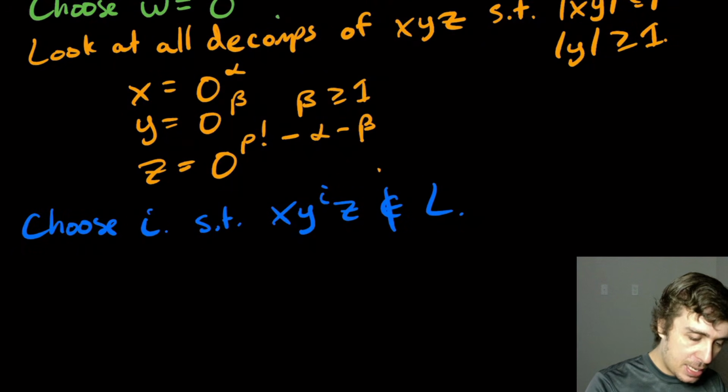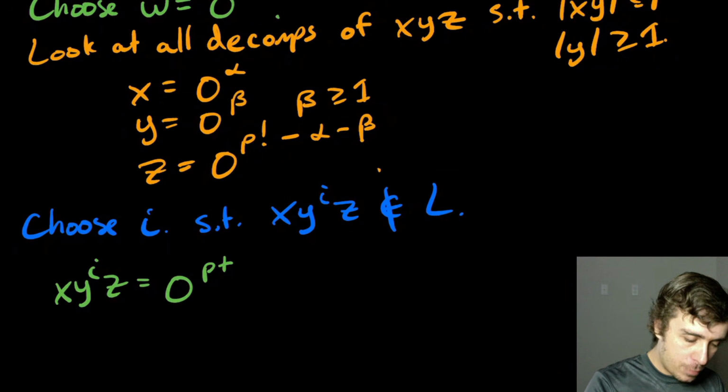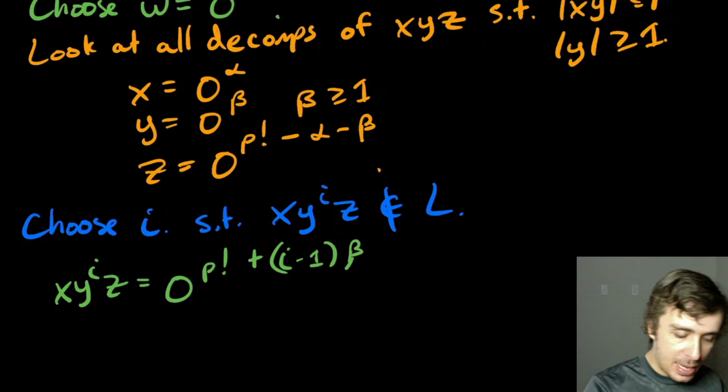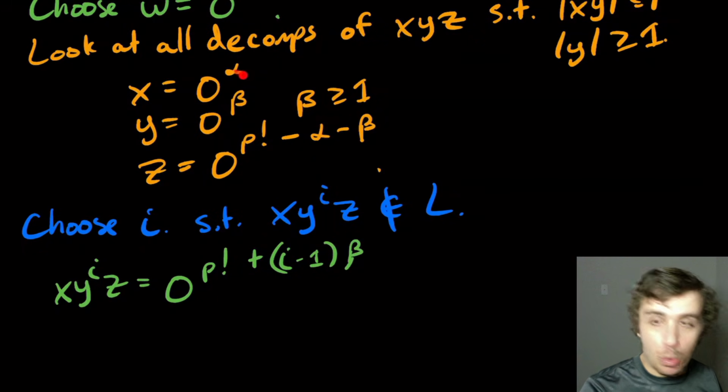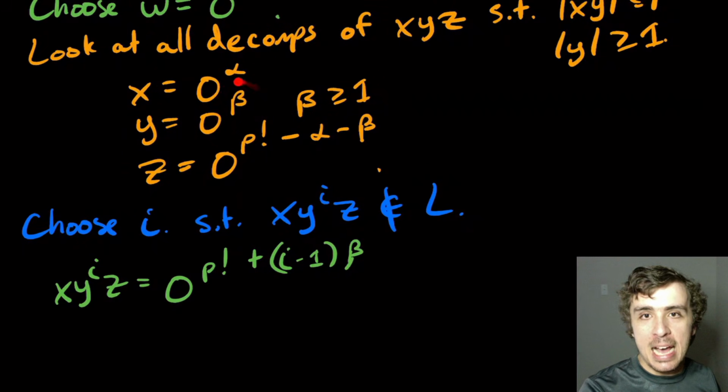So that's going to be x, y to the i, z, which is going to be 0 to the p factorial plus (i minus 1) times beta. The reason for that is the alphas will cancel. I'm going to get an i beta out of this and subtract 1 beta out of this.